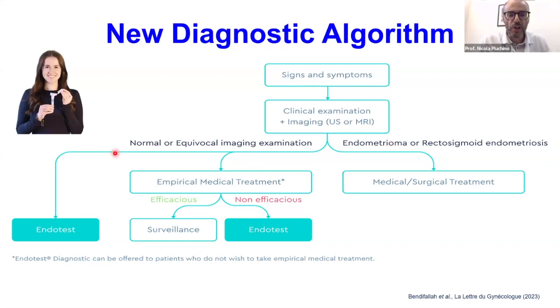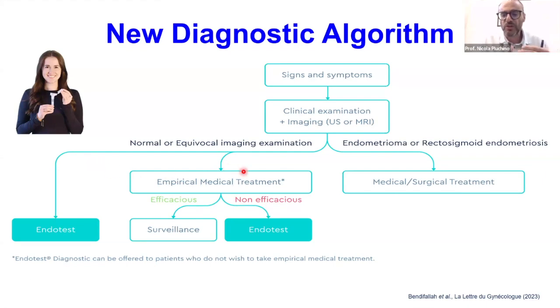But in case of a normal or not fully clear diagnosis using ultrasound or MRI scan, we can propose the analysis, the RNA saliva test marker, in order to have at least a 95%, 96% chance to make the proper diagnosis. That's one possible pathway.